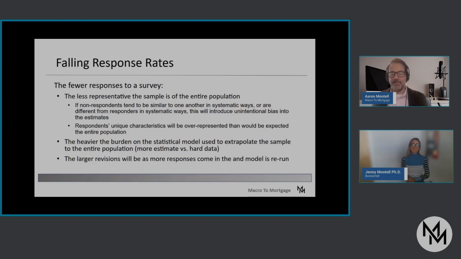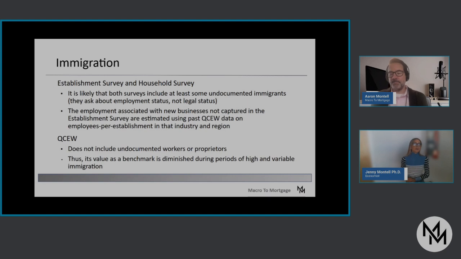All right, the second reason we want to talk about is immigration. Now, it is likely that both of the surveys, the establishment survey and the household survey, include at least some undocumented immigrants because these surveys ask about employment status, not legal status.